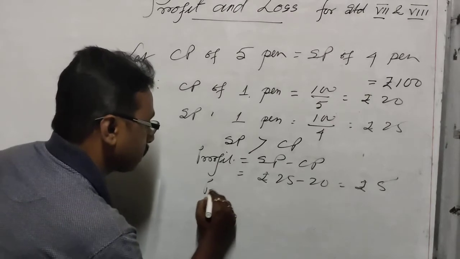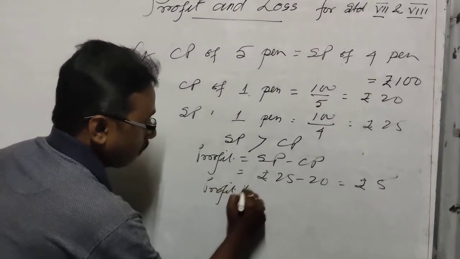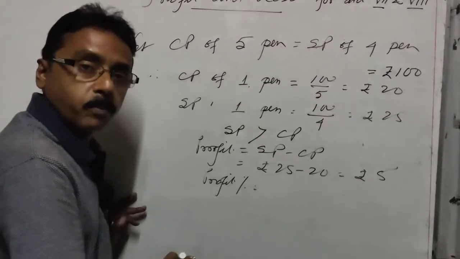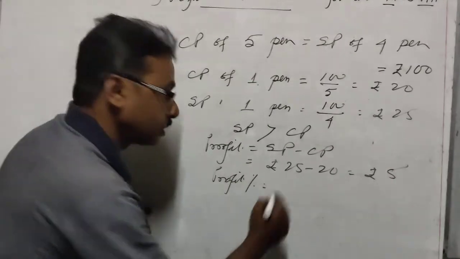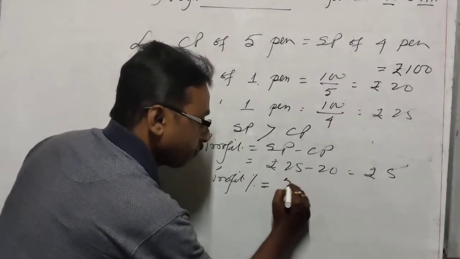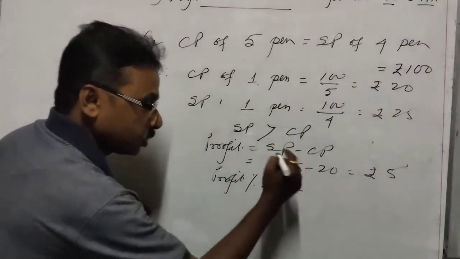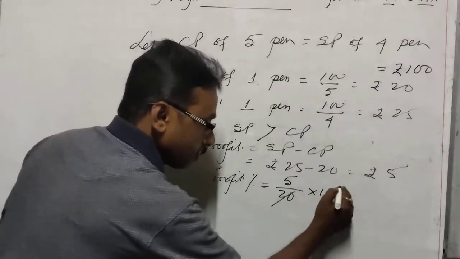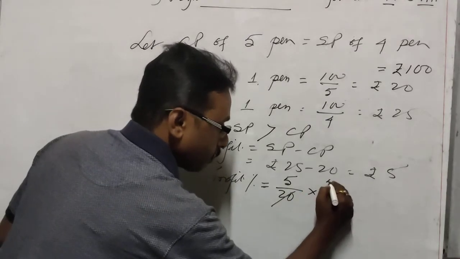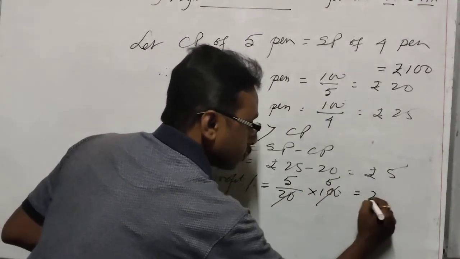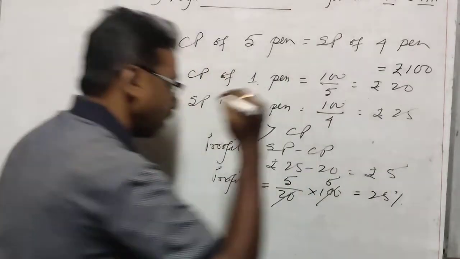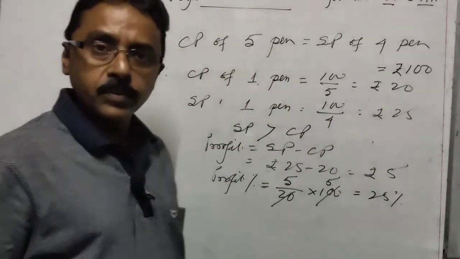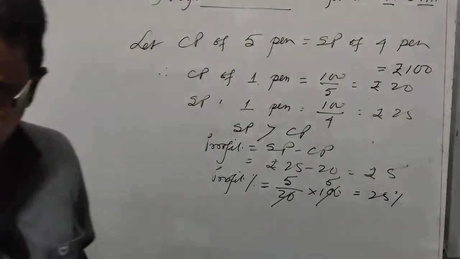Profit percent is profit by CP into 100. Profit is 5. The CP is 20 rupees, into 100. So 25% is the profit percent. Okay, now suppose the sum is given like this.